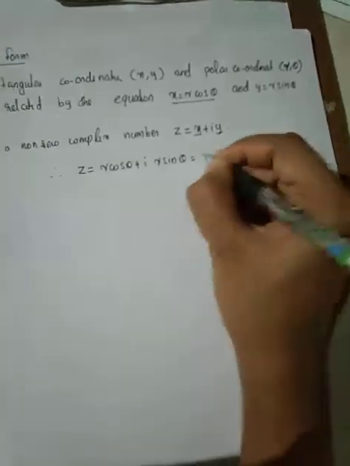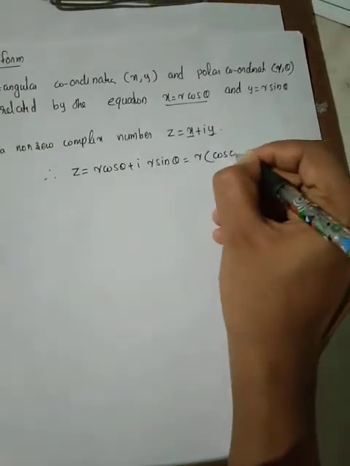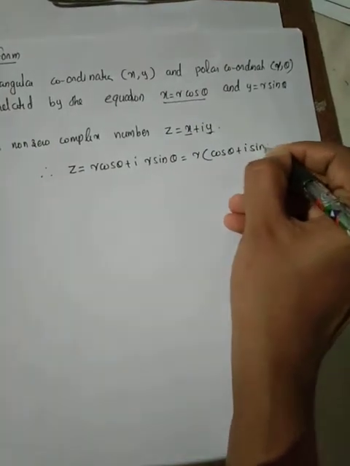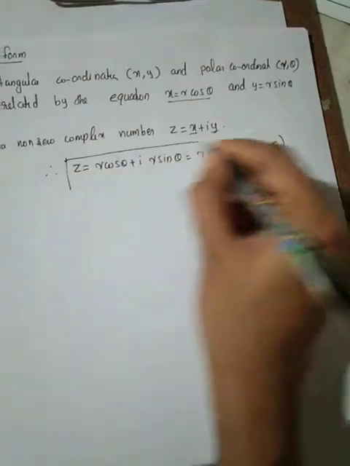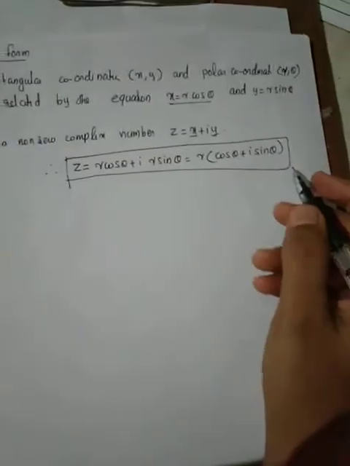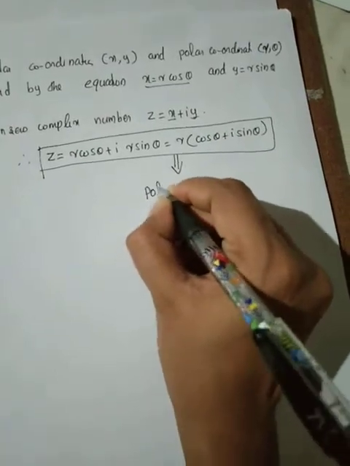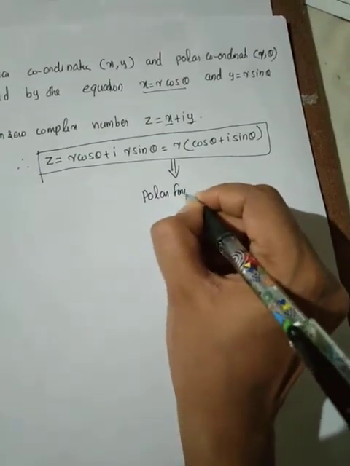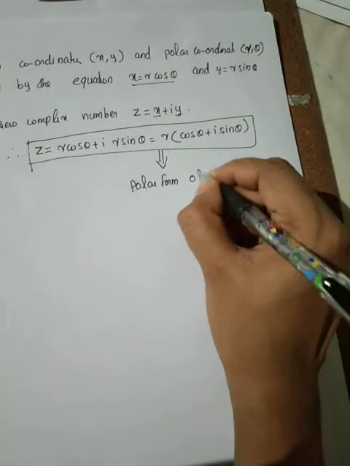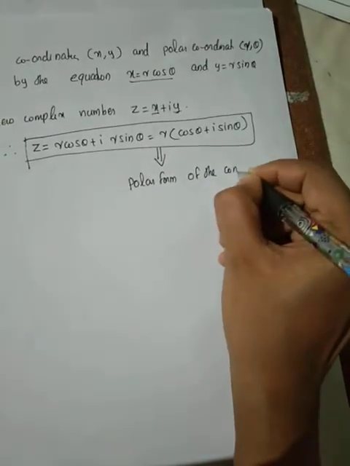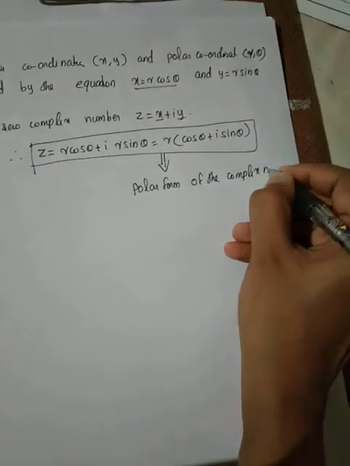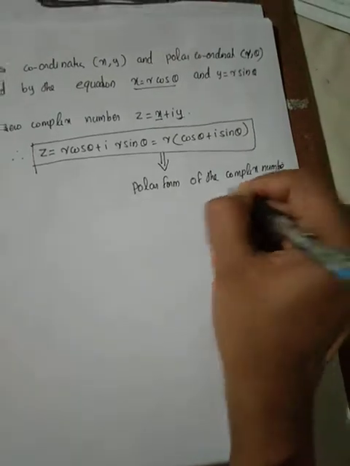R is common, so r times cos theta plus i sin theta. It's another important result. This equation is known as the polar form of the complex number z.